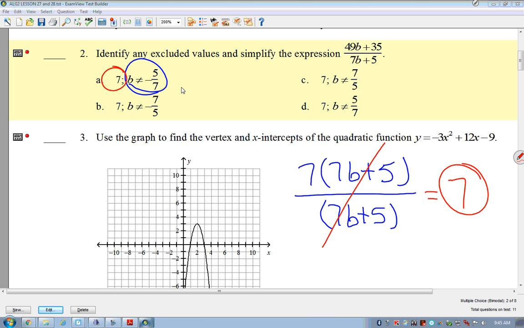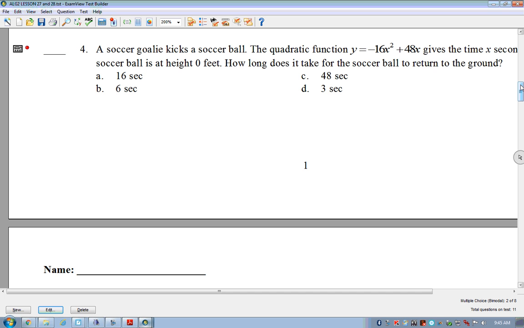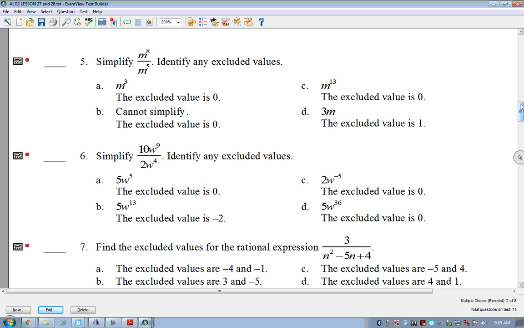Okay, great. We need to look at least one more, I think. Let's look at number 5. Try this again. We want to find the excluded value. What am I going to do? m to the 5th equals 0.